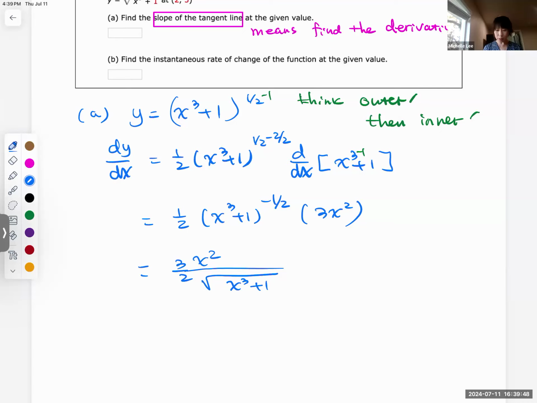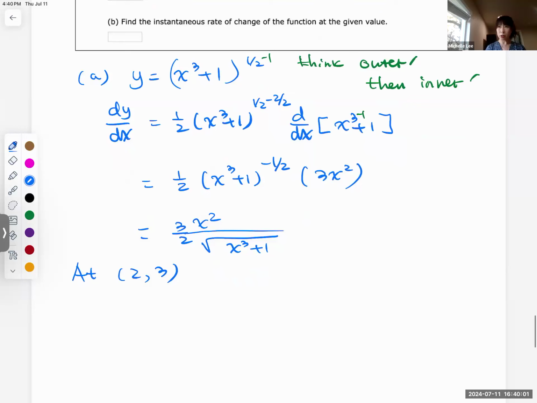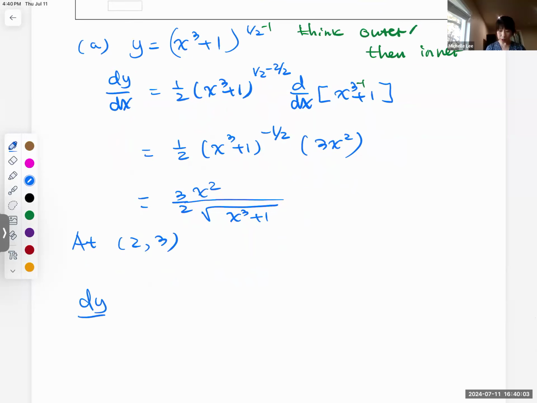Okay, now we want to know about the slope at the point 2, 3, right? So there will be dy over dx at 2, 3. We know this is x, this is y. But then we don't have a y in that case, right?